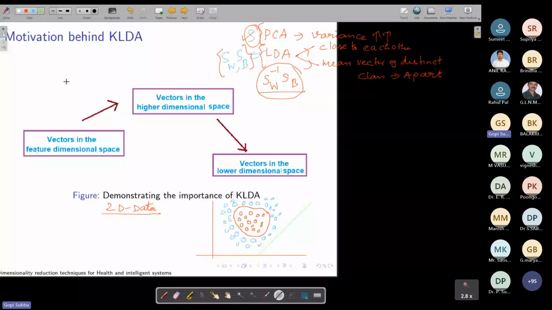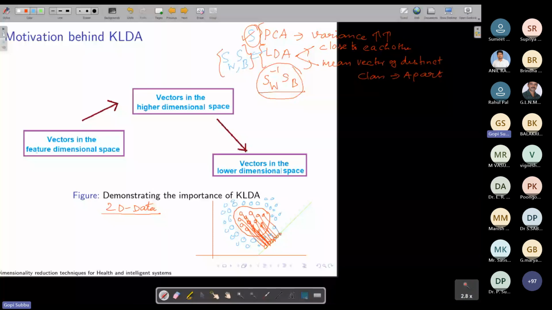Now you are doing the projection of this red here. So this is the projection. You get all circles here. Now you are going to do the projection of blues.